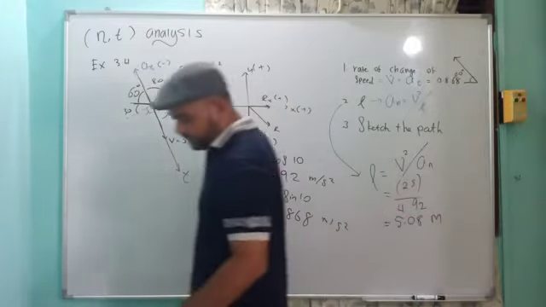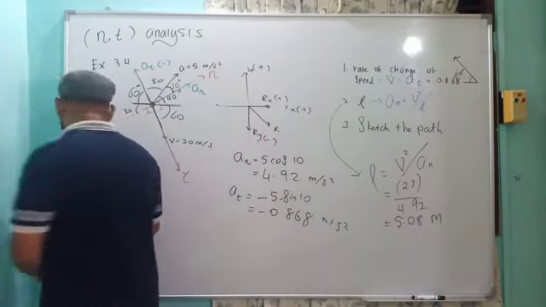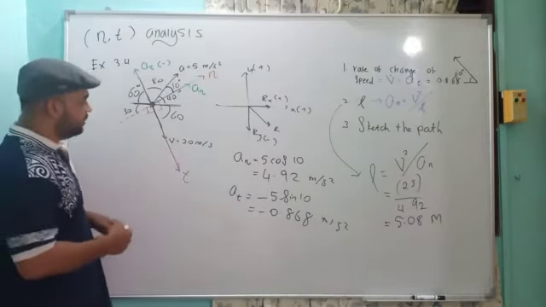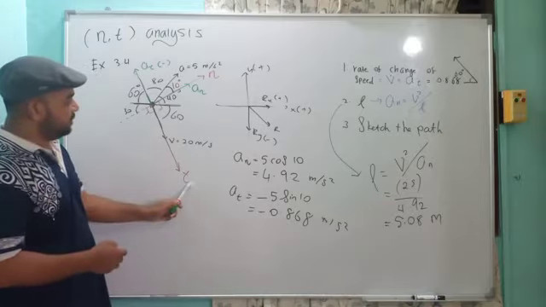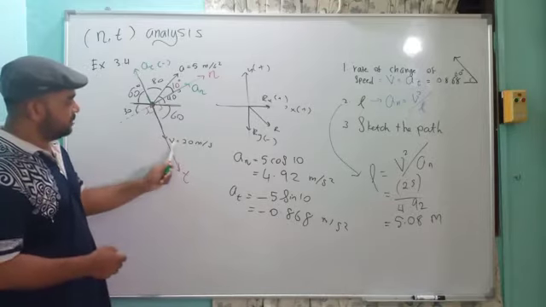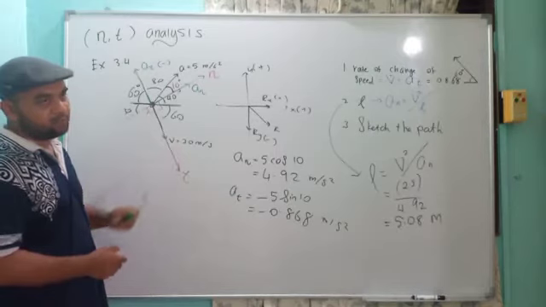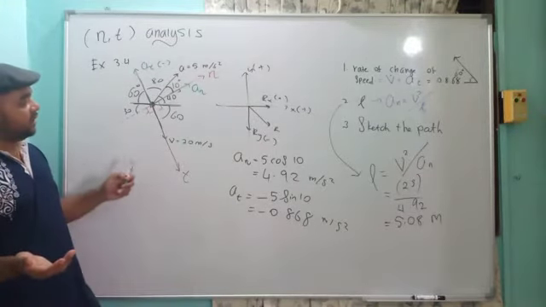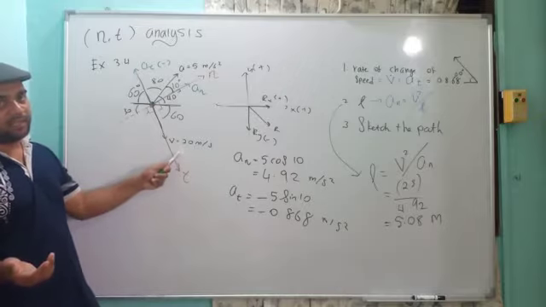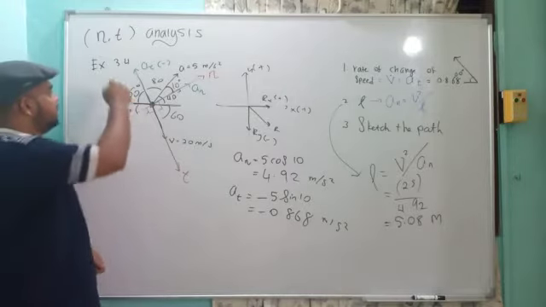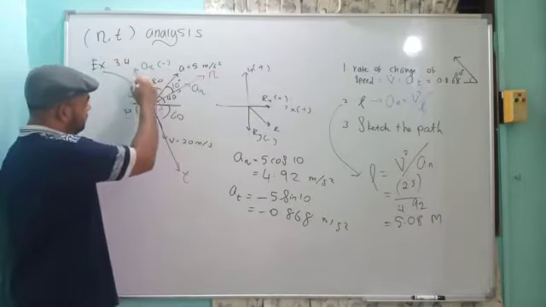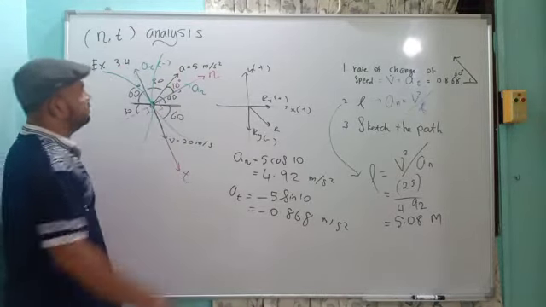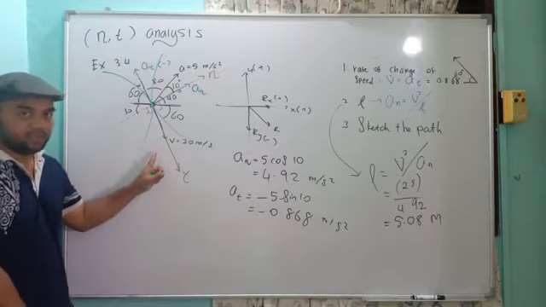And the last one, sketch the path. Okay, so for sketching this path, if you really understand, there are several things here. Now you know that it moves toward this velocity. So there are two things. The first one, the velocity must be tangent to the curve. So either this one or this one, because it is tangent.